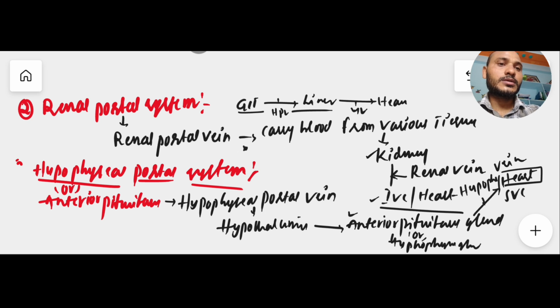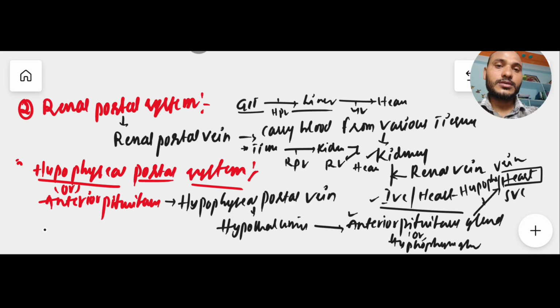And in renal portal system, the blood from various tissues is collected by the renal portal vein to the kidney. From kidney, the blood goes to the heart through the renal vein.